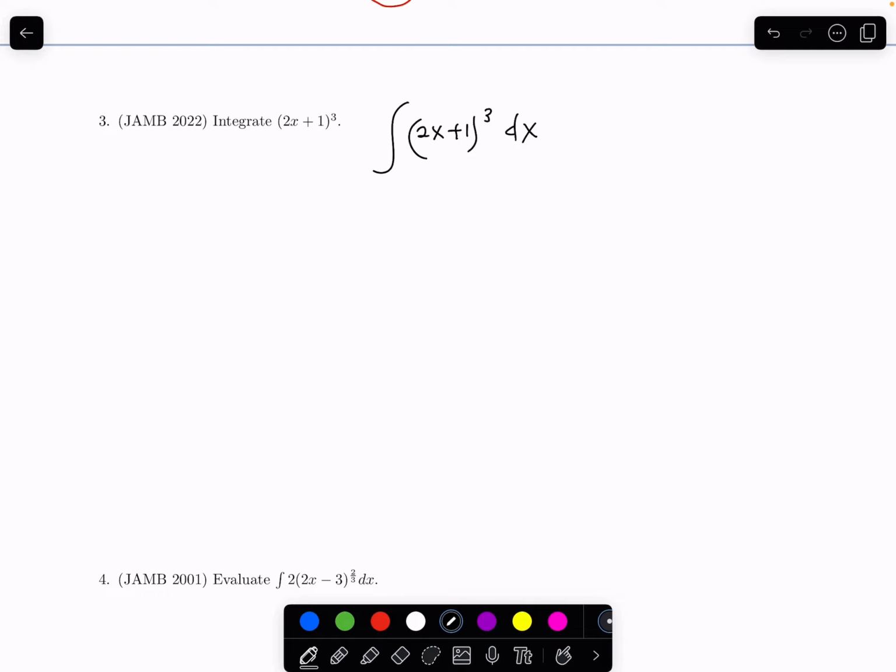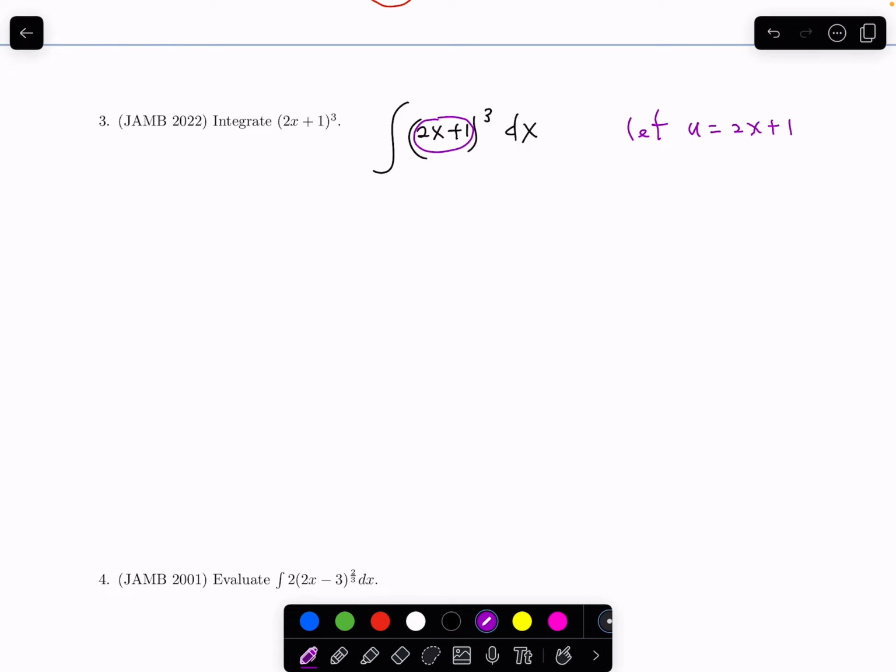What do I mean by that? I'm going to substitute the expression inside the parentheses for u. So I'll say let u be equal to 2x plus 1.